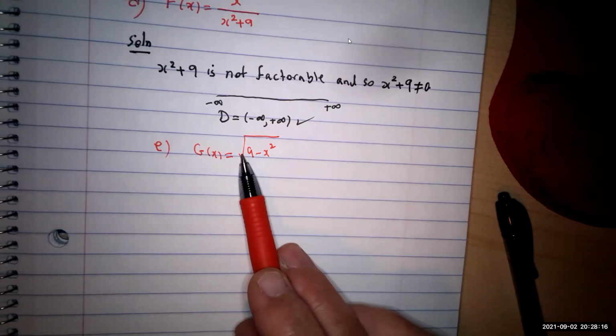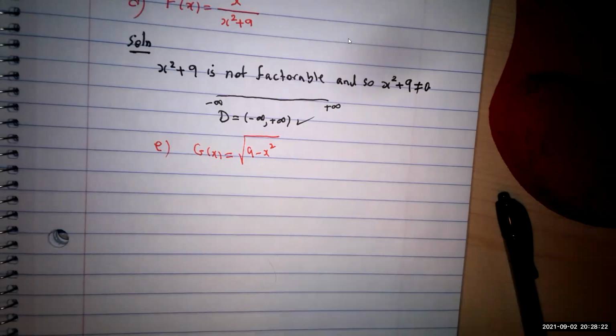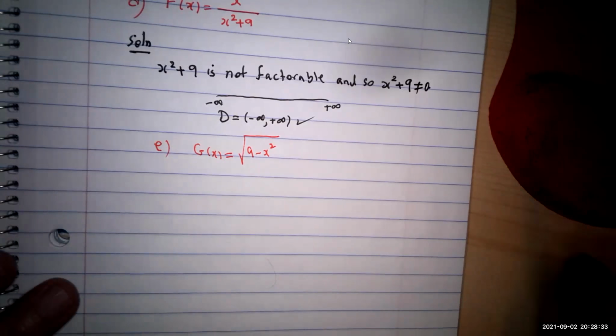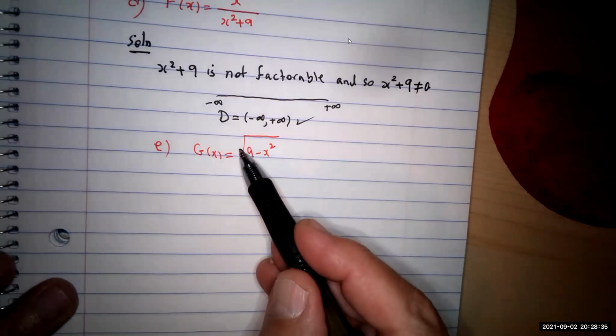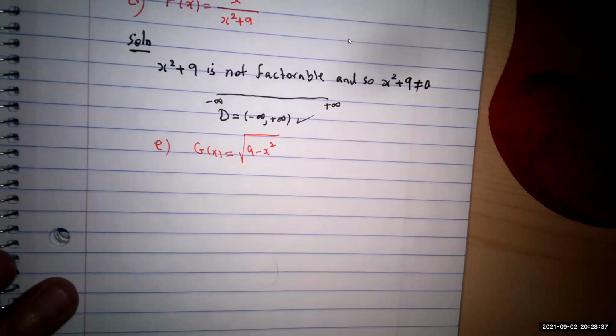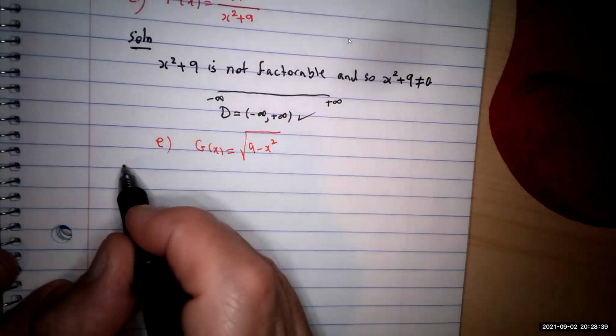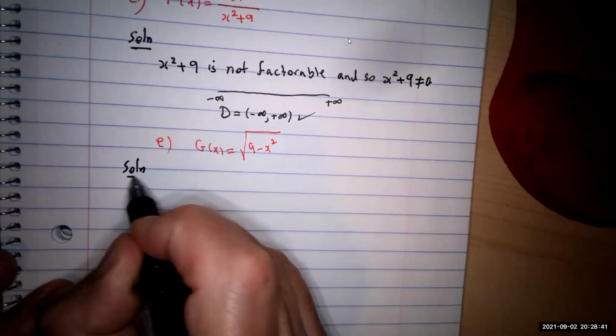If the index is odd, cube root, fifth root, seventh root, its domain is all real numbers, because in the case of the cube root or the fifth root, there is no restriction. So you have to focus on the index of the radical. The index is the number that you put here. When it's a square root, the index is 2.